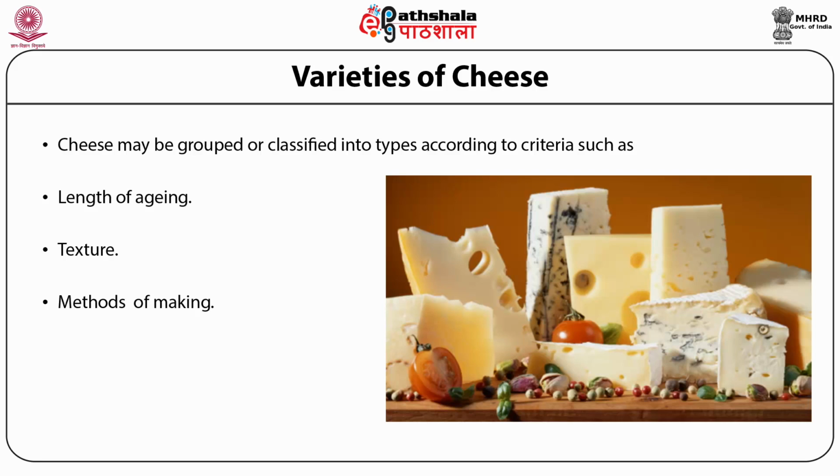There is another basis of classification of cheese, that is according to the type of fat and amount of fat. Some cheeses contain more fat and some cheeses contain less fat.